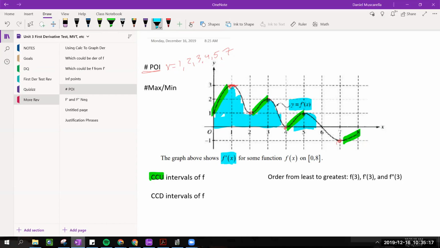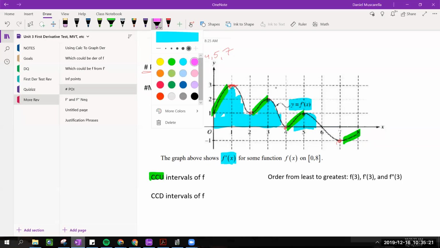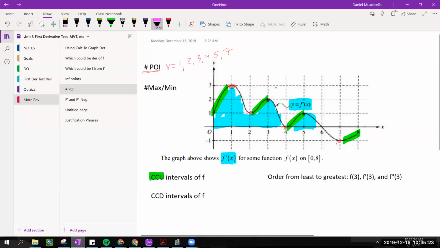Okay, and that's going to lead into this a little bit. This spot right here that's below the x-axis, that's where your original function would be decreasing. Okay. So where the derivative is above 0, that means that the original function is increasing? Yeah.